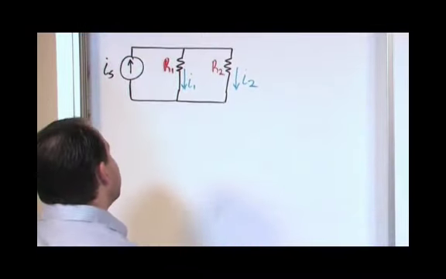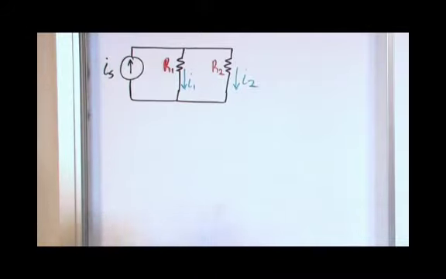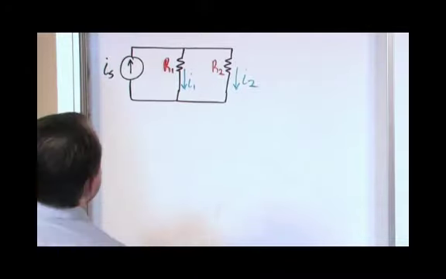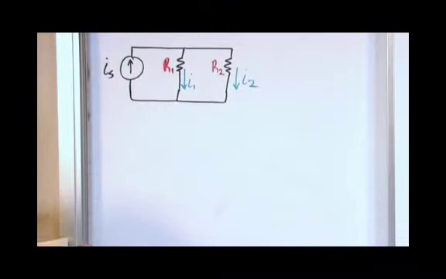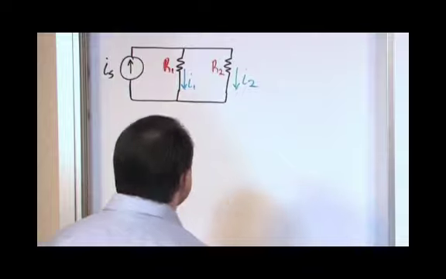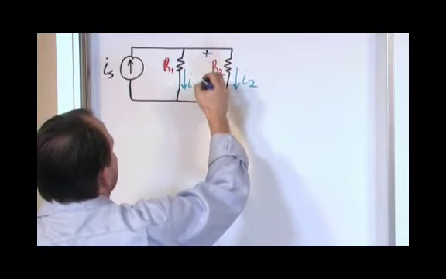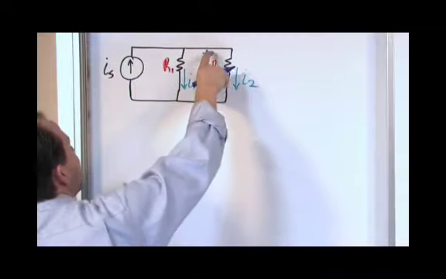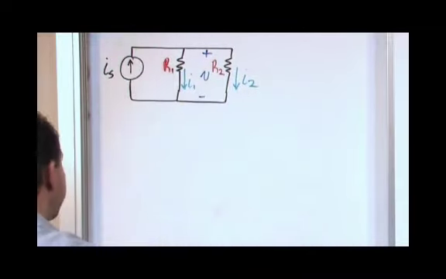I could just give you the current divider equation to show you how to calculate these legs, but it's instructive to derive it a little bit, so you know where it comes from. What we really know here is that there is a voltage, we'll call it V, and this voltage is the same across this resistor and the current source, because they're all in parallel.